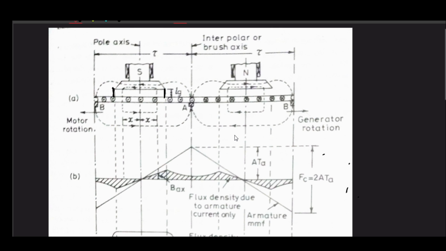See, these dotted lines are the two edges of your pole shoe, and here your flux density is maximum, and after that the MMF is increasing in a linear manner, but the flux density is getting reduced because the reluctance in this region is continuously increasing.